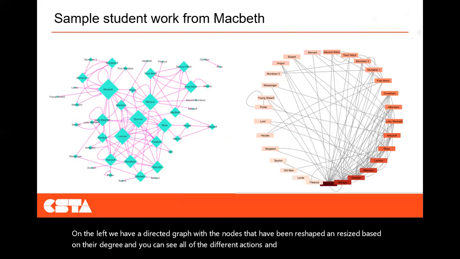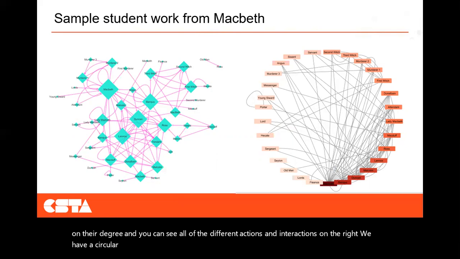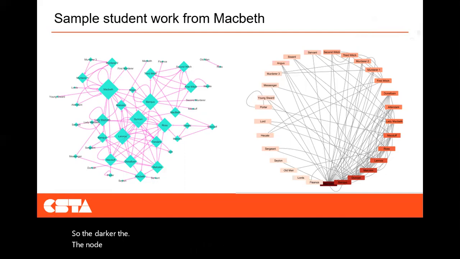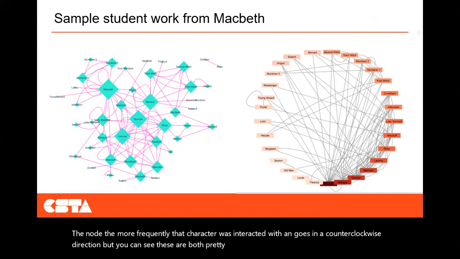On the right, we have a circular graph where the degree shows up based on the darkness of the shade of red. So the darker the node, the more frequently that character was interacted with, and it goes in a counterclockwise direction. But you can see these are both pretty useful graphs as far as seeing how the characters interact.